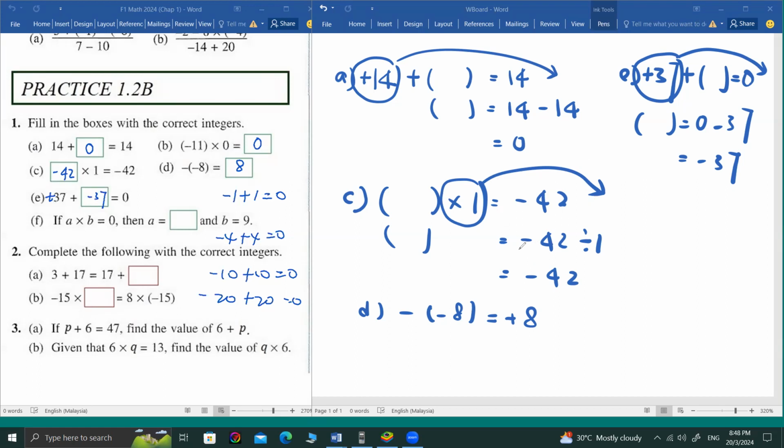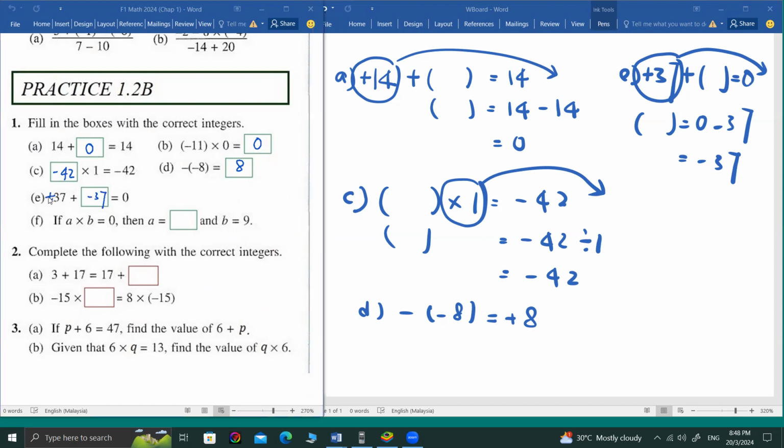This is how I show you. But for this kind of question, class, you don't have to write like this once you understand, so I write it directly for you, you just fill the box and that will do.